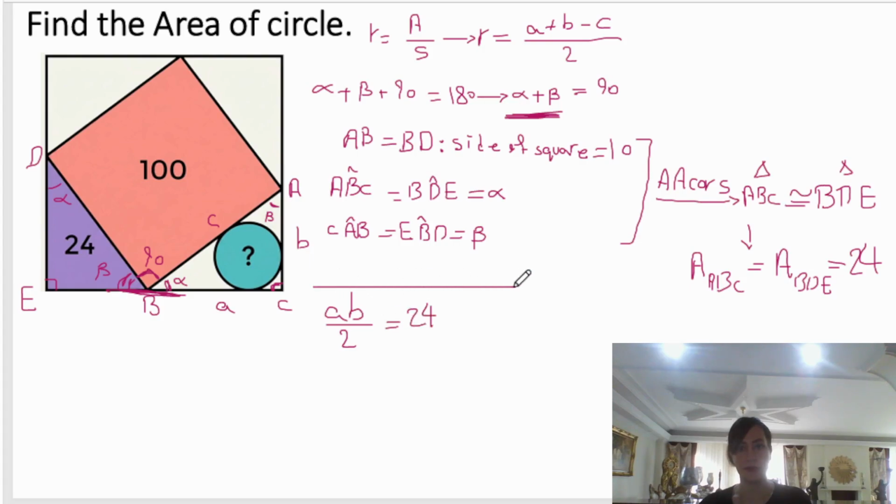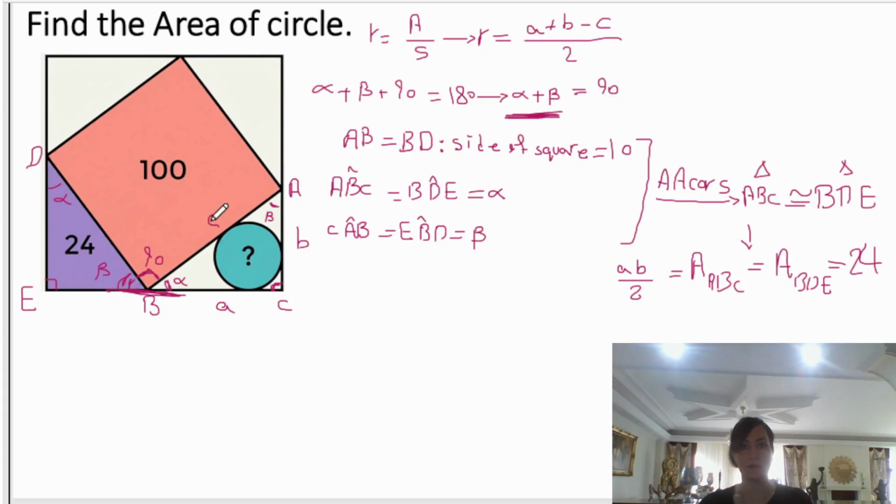Let me write here a times b divided by 2. Okay, I write here, it's step 1. What should I find? I know c here. I find c. What is c? c is 10 because c is the side of this square.